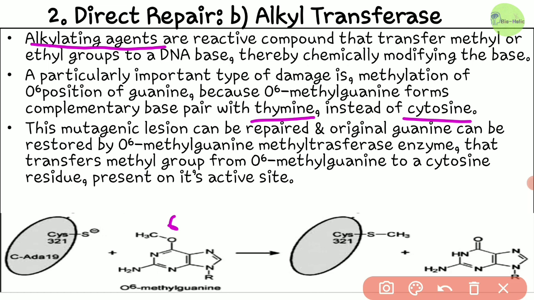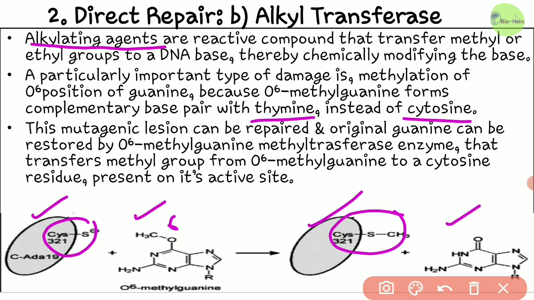This mutagenic lesion can be repaired by the O6 methyl guanine methyl transferase enzyme, which transfers the methyl group from O6 methyl guanine to a cysteine amino acid residue on its active site. Lastly, the potentially mutagenic chemical modification is thus removed by the cysteine residue, and the original guanine is restored. Clear?